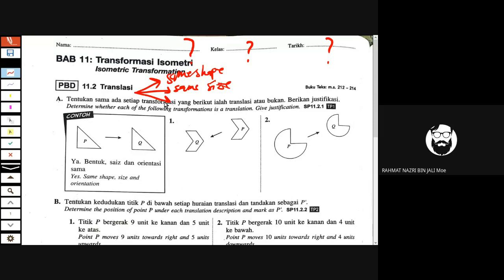Okay, and then the third one is same orientation. Okay, number 1, yes or no? The answer is yes, because same shape, size, and orientation.